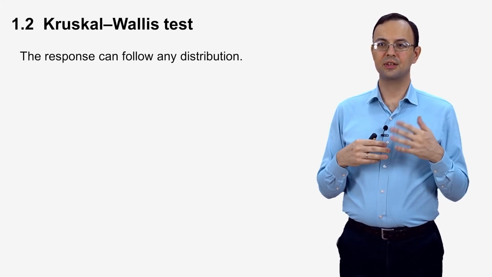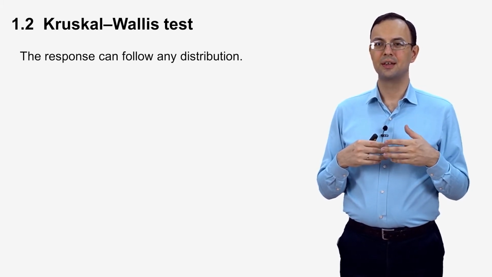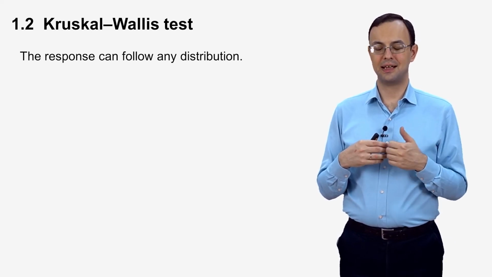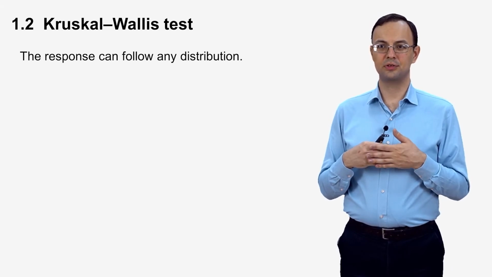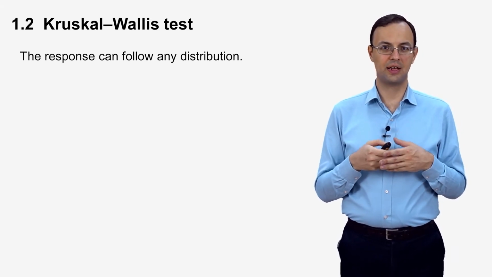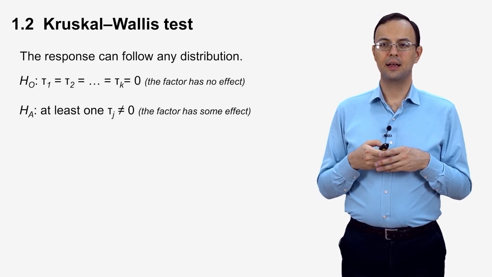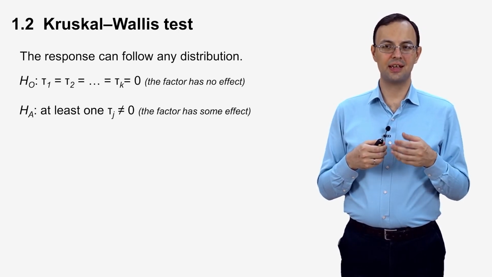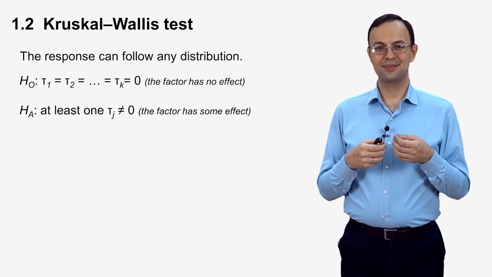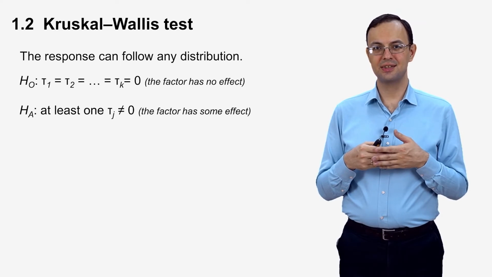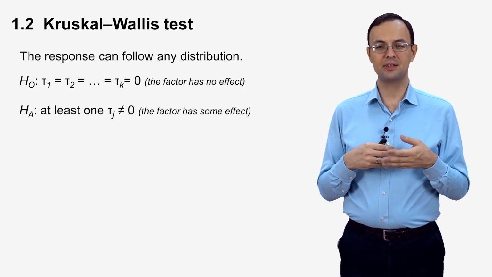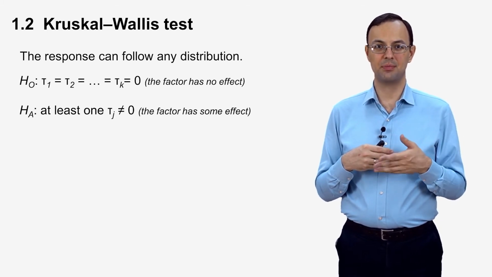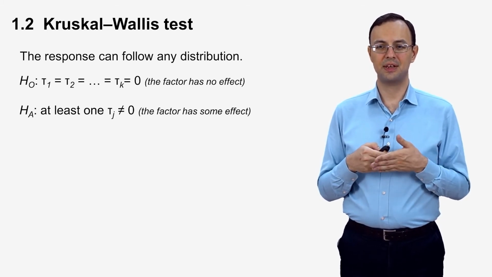The Kruskal-Wallis test is one of the distribution-free tests, so it doesn't matter what distribution our observations have. The hypotheses this test tests are the same as in the previous case. The null hypothesis is that the factor has no effect, and the alternative is that the factor has some effect.